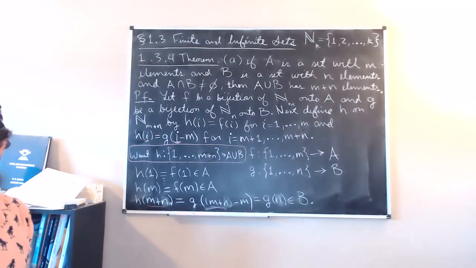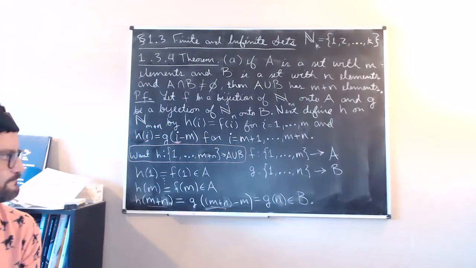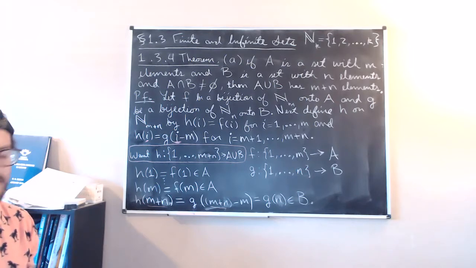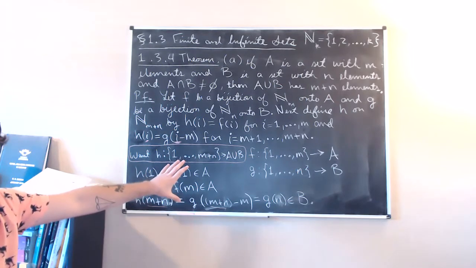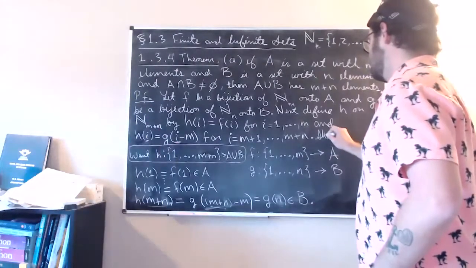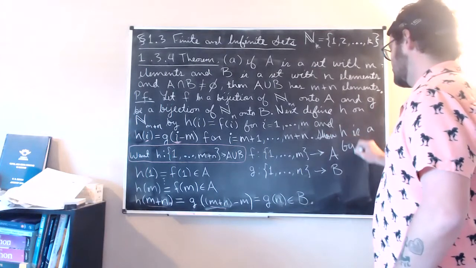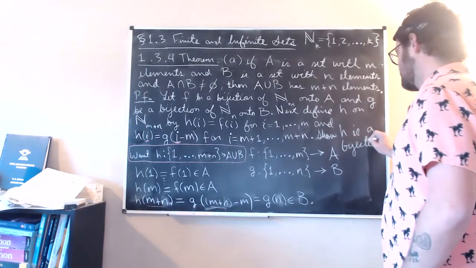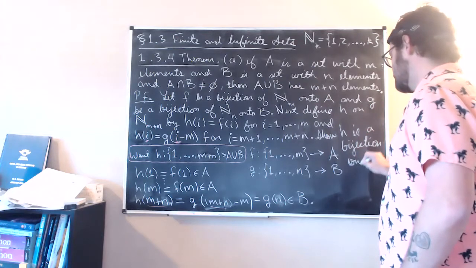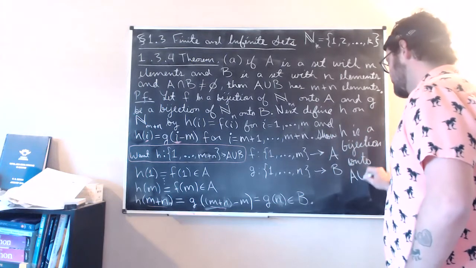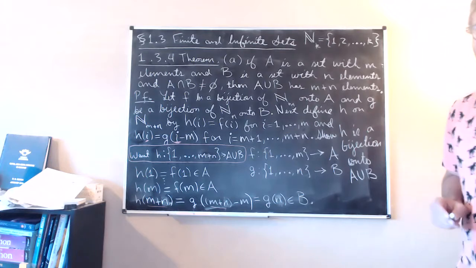Okay. And I'm tempted to do that for you, but I'll leave that as an exercise. So on your own, show H is a bijection onto A union B. Okay.